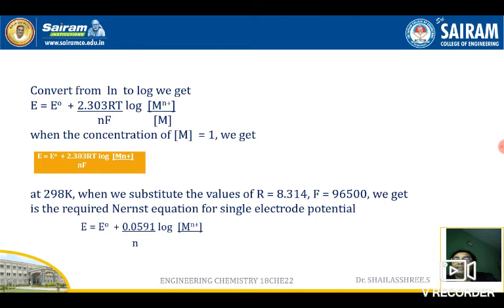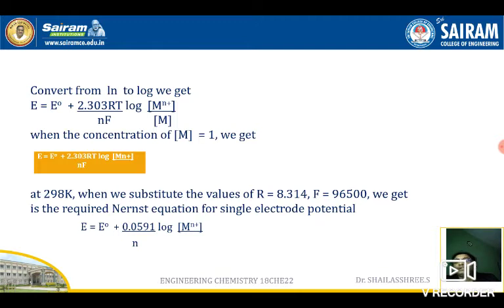At that time we should use this formula: E is equal to E naught plus 2.303 RT by nF log Mn+. At normal conditions, room temperature is 25. Otherwise, if it is given anything other than that, you have to use this formula.